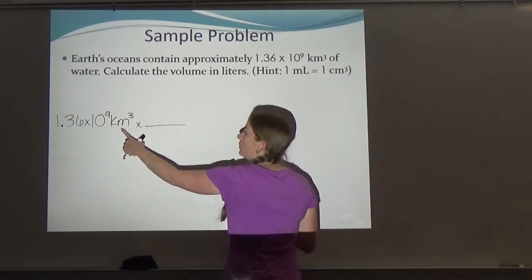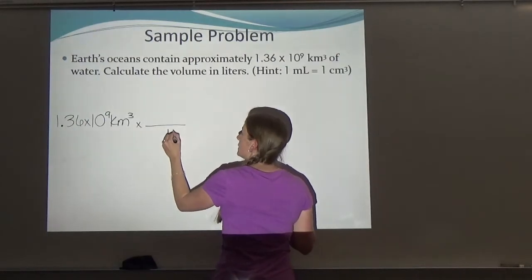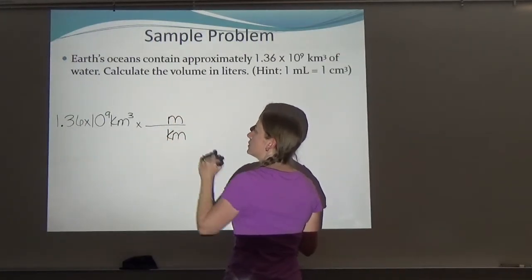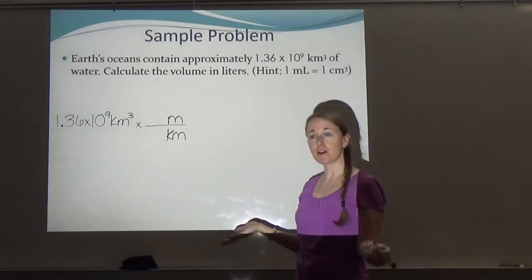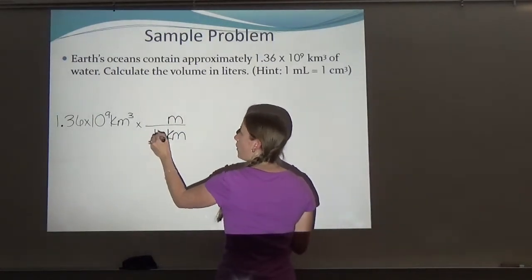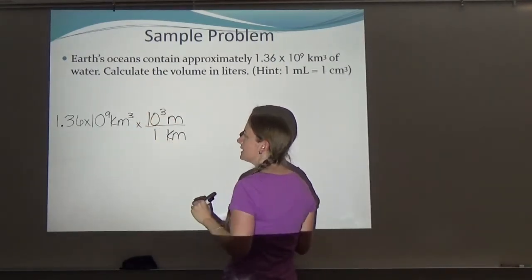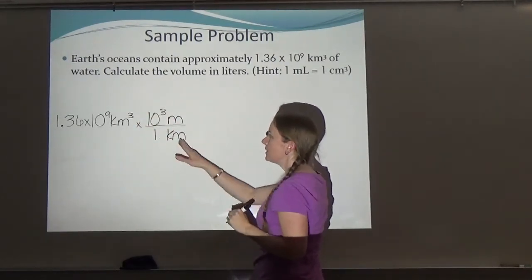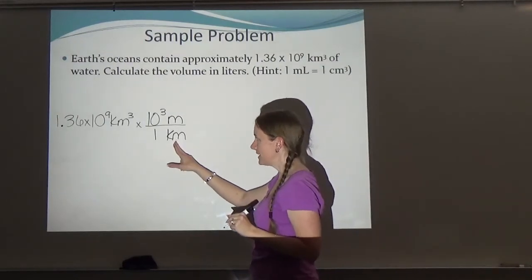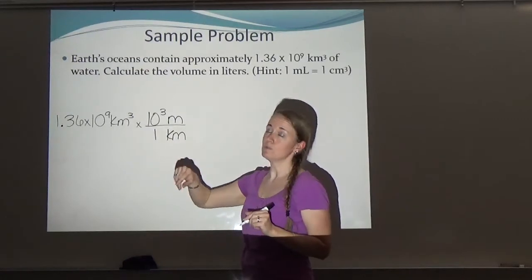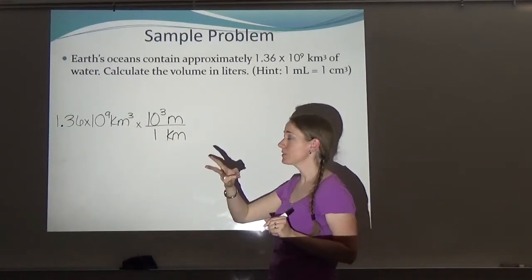Okay, so golden rule says whatever's in the numerator goes in the denominator. And so I'm going to go from kilometers to meters first. So I follow what my formula says. One prefix unit is 10 to the x base unit. In this case, it's 10 to the 3. Now this will cancel out 1 of the kilometers. But we have 3, because kilometers cubed is kilometers times kilometers times kilometers.